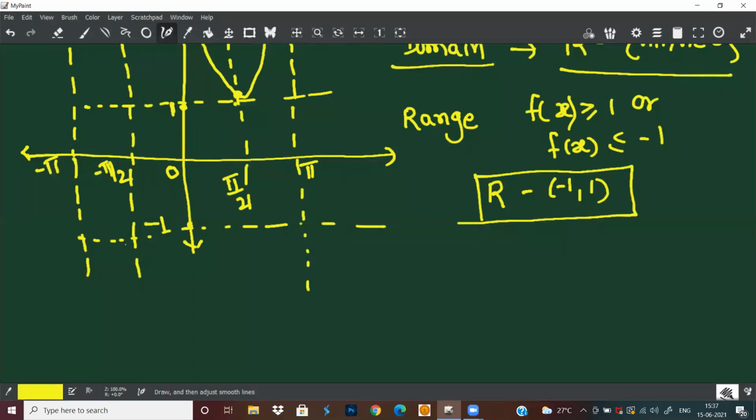अभी 0 से लेके -pi में -1 will be maximum. It will go, sorry, कर्व आना चाहिए, लाइन आ रहा है. Getting it?